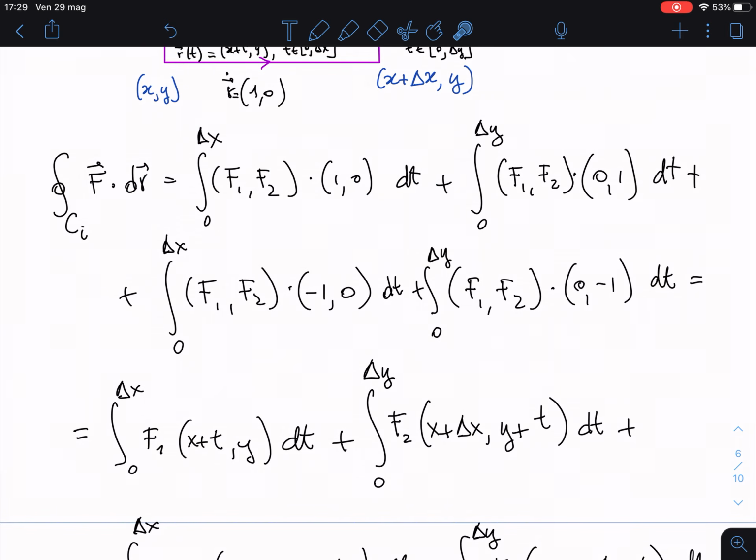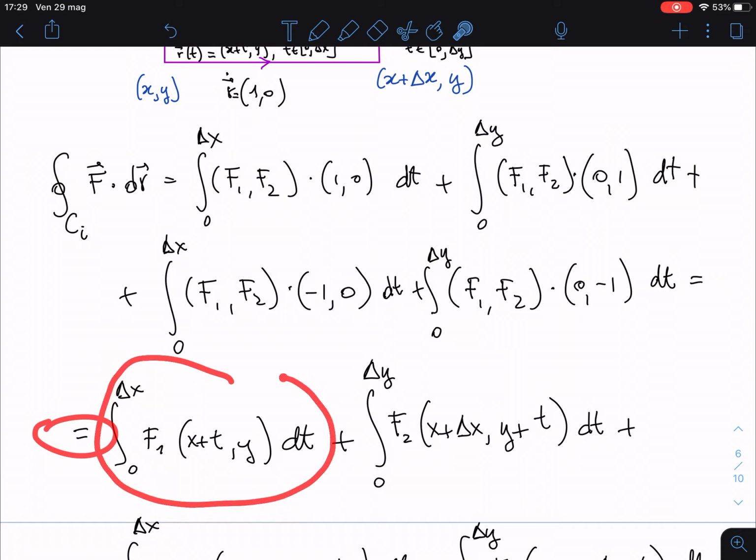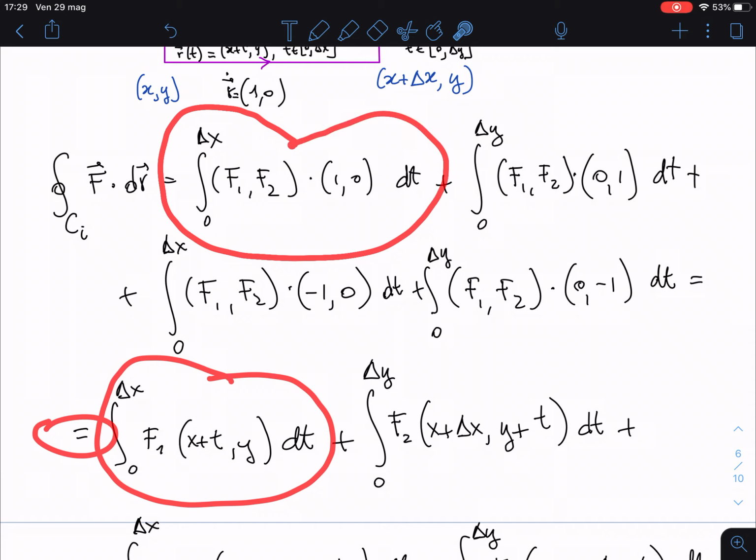Now, let us be a bit more explicit, just introducing the coordinates and performing the dot products. So, in the next passage, we have the first term that comes from the first term in the previous one. So, we have the dot product with (1, 0).